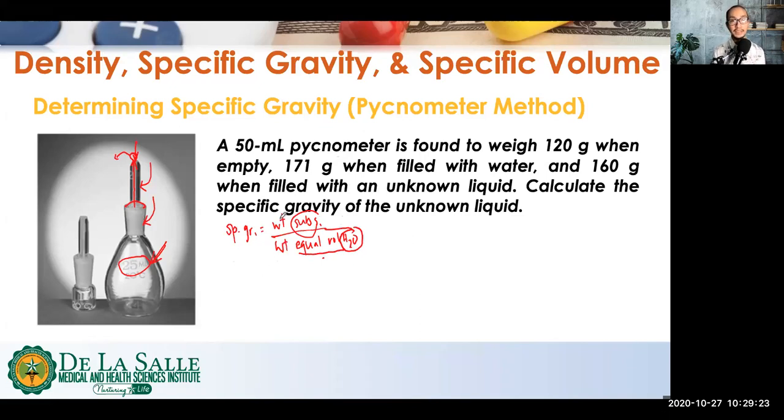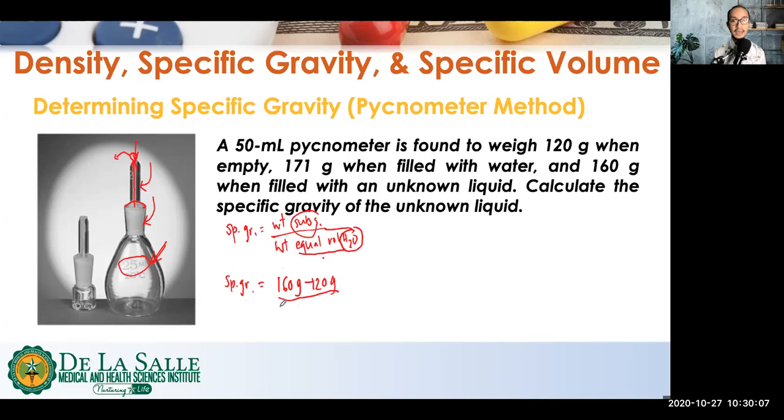In this problem, you have a 50 milliliter pycnometer found to have a weight of 120 grams when empty, 171 grams when filled with water, and 160 grams when filled with an unknown liquid. Calculate the specific gravity of the unknown liquid. The specific gravity of the unknown liquid will be equal to the weight of the pycnometer with the unknown liquid, which is 160 grams, minus the weight of the pycnometer, which is 120 grams, divided by the weight of an equal volume of water.